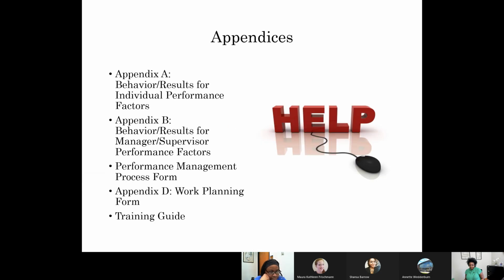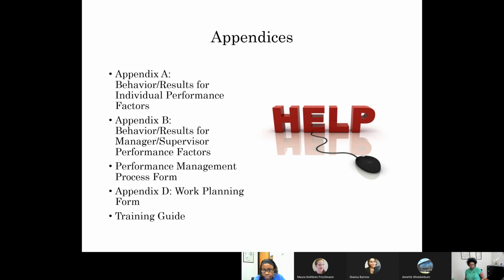I want to highlight the appendices here, and I've put in the chat the PMP handbook, which was revised last year. In the appendices is a behavior stroke results for individual performance factors. That is an overview of explanation of some of those metrics.